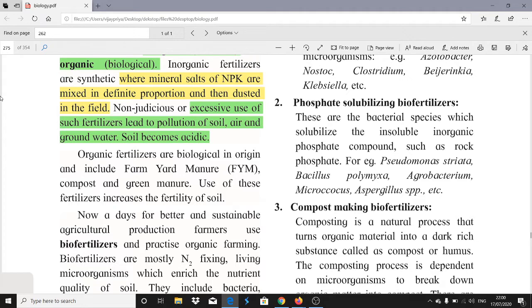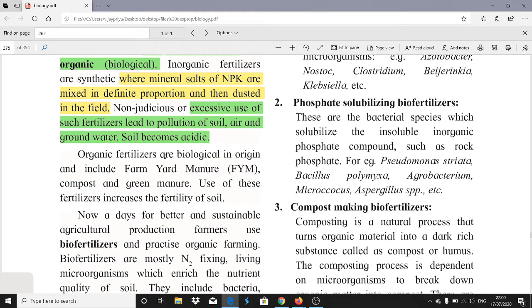Long term use of such inorganic fertilizers can damage the soil, the air, and the groundwater, and the soil can become acidic. This is one of the biggest disadvantages of inorganic fertilizers.